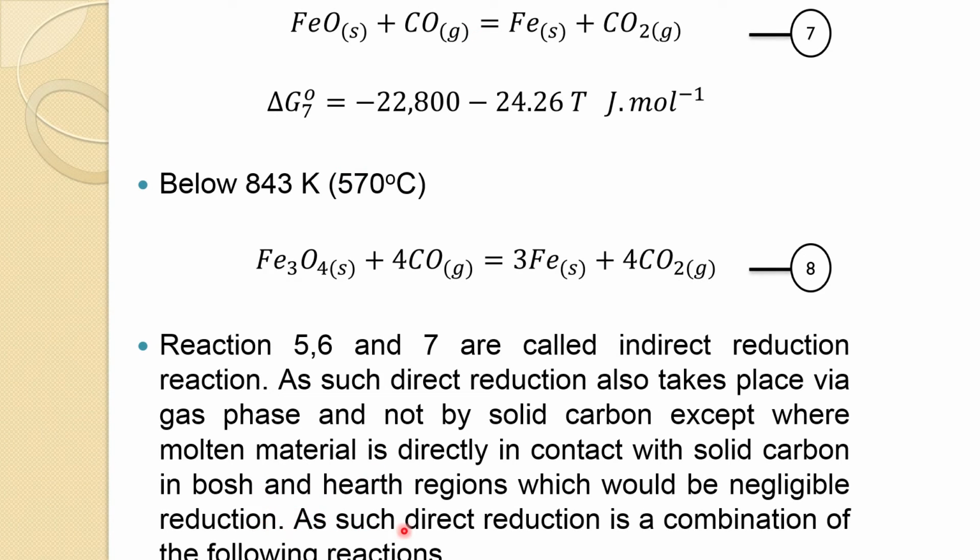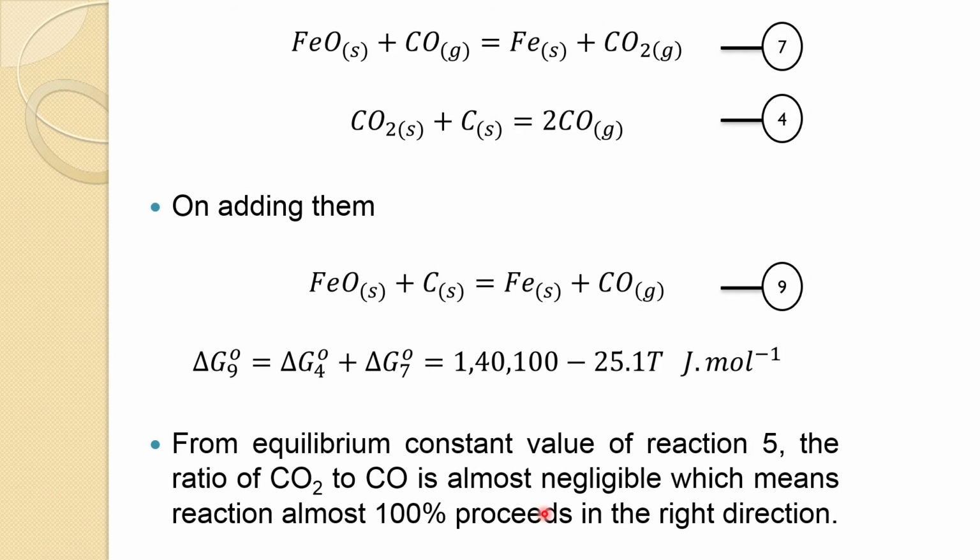However, that is why this direct reduction, the way you represent it, actually goes via gaseous phase. So, FeO plus CO gives iron plus CO2, and CO2 plus C gives you 2 CO. So, gasification of carbon is occurring, and when you add both of them, this gives you this reaction, which is what you call the direct reduction.